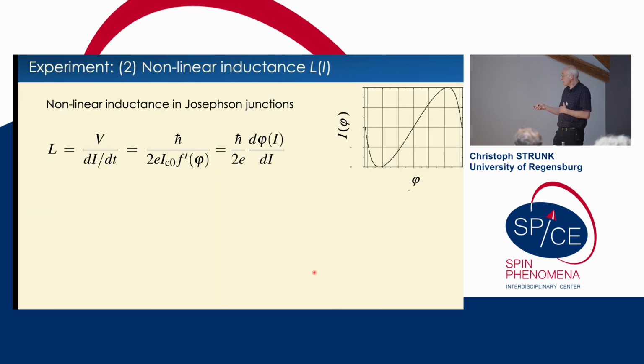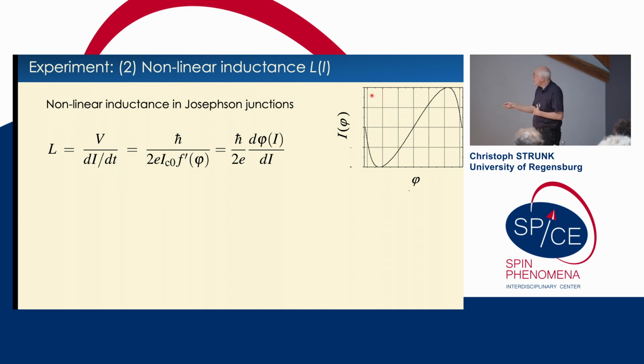So how does it work? Let me repeat our relation for the inductance. This is the inverse derivative of the current phase relation. So if you wish, this is the phase-current relation. Let me find my pointer here again.